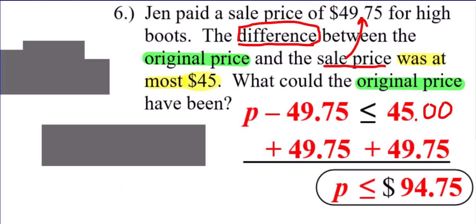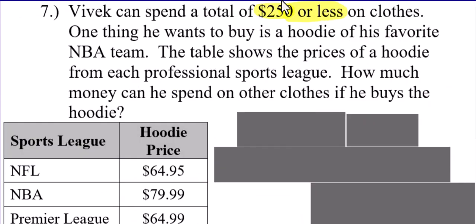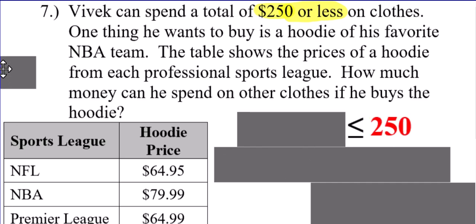So, let's see how you did on interpreting this. If it's 250 or less, then it means less than or equal to 250. Now, I know you might not have expected that, because the 250 was to the left of the words "or less," but it's equaling 250, or it can be less than 250.